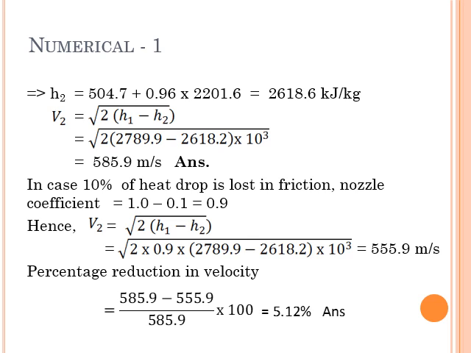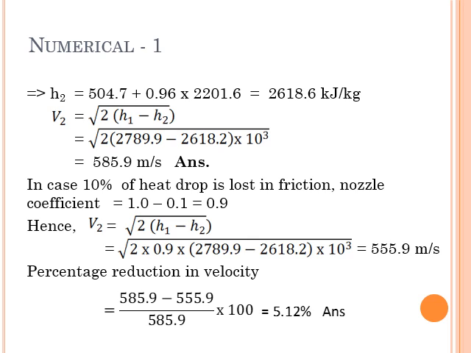In case 10% of heat drop is lost in friction, nozzle coefficient will be 1 minus 0.1, that is 0.9. Hence, the expression for velocity will have the same values as earlier, but those values will be multiplied by 0.9 as we see.